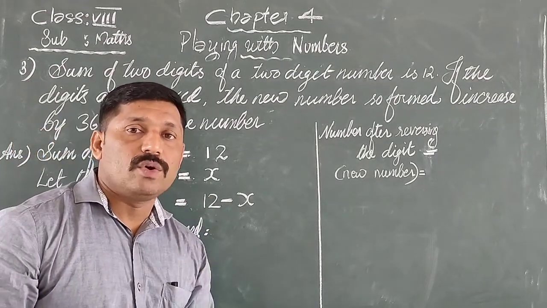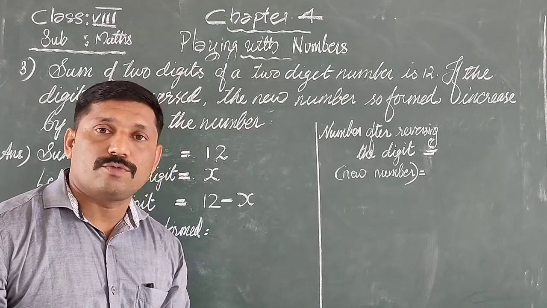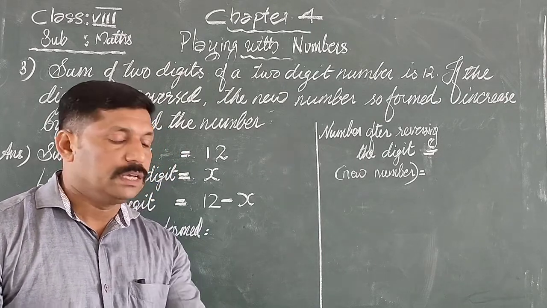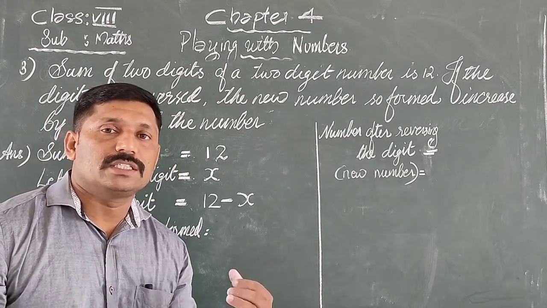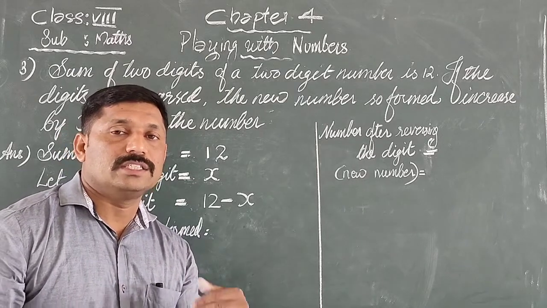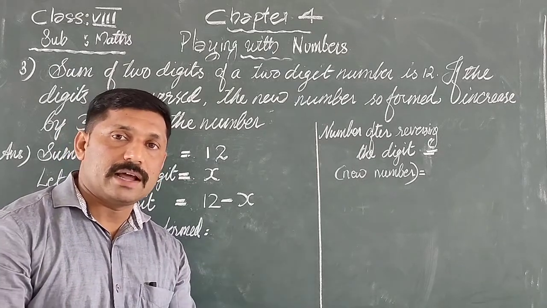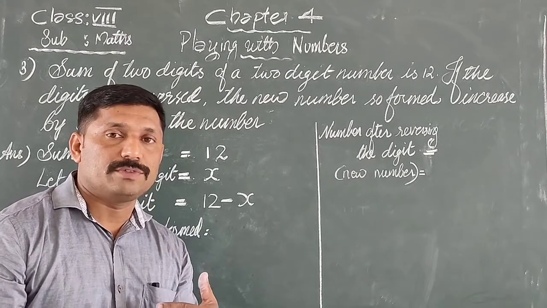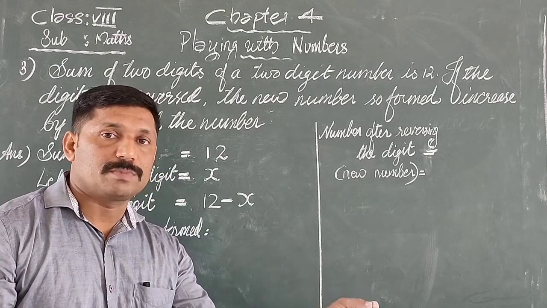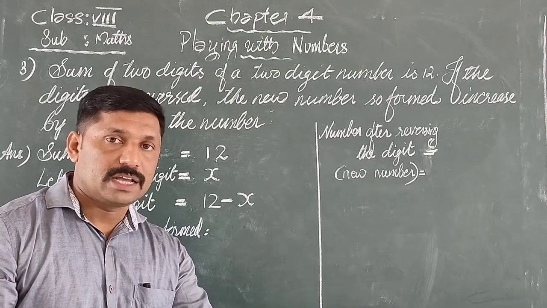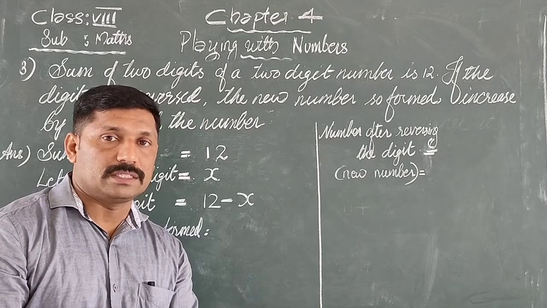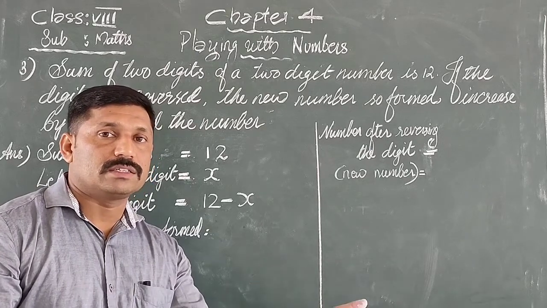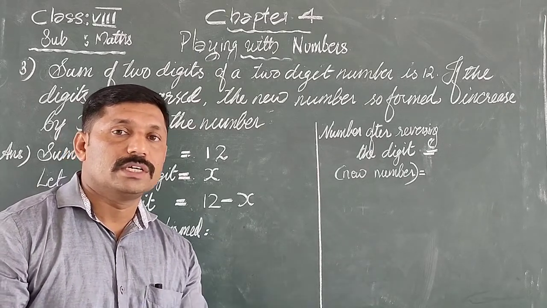So if we know the two digits, we can form that number. Suppose a number's ones digit is 2 and tens digit is 5, then that number is 52. How do we get 52? We multiply the ones digit 2 with its place value and the tens digit 5 with its place value. 5 tens are 50, 1 two is 2, 50 plus 2 is equal to 52.